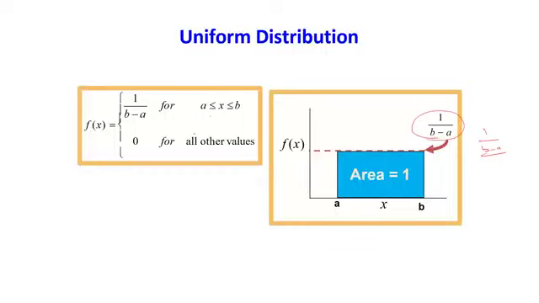So if X is your random variable and you want to find the probability of any value between this range, it will be equal to 1 divided by b minus a, which is nothing but the range. For any values apart from those within this range, the probability is equal to 0.